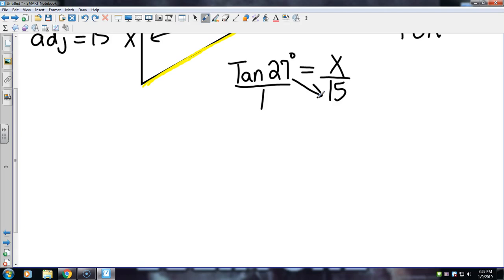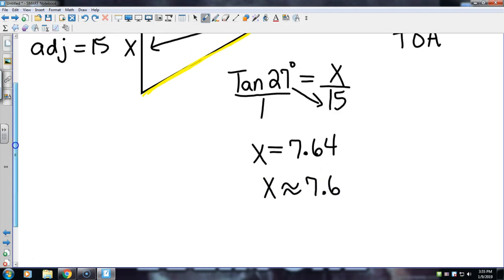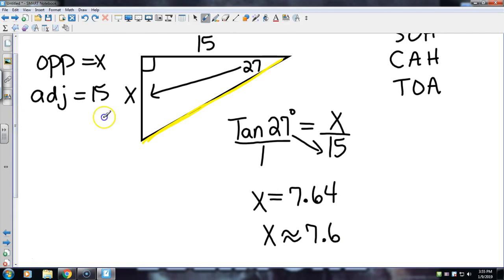In this case, on these problems, I believe they want you to round to the nearest tenth. So when I cross multiply, that's going to give me x equals 7.64. And if I'm going to round that to the nearest tenth, that comes out to be approximately 7.6. So that side is 7.6.